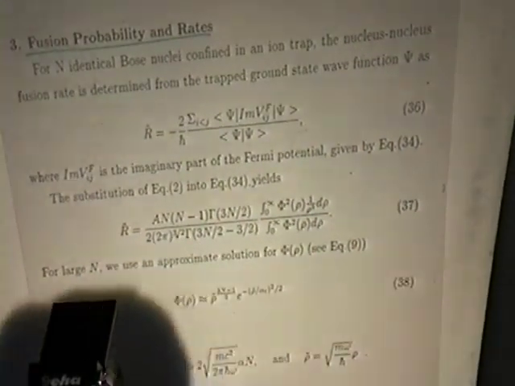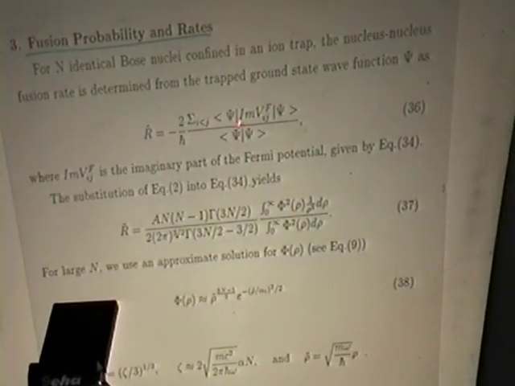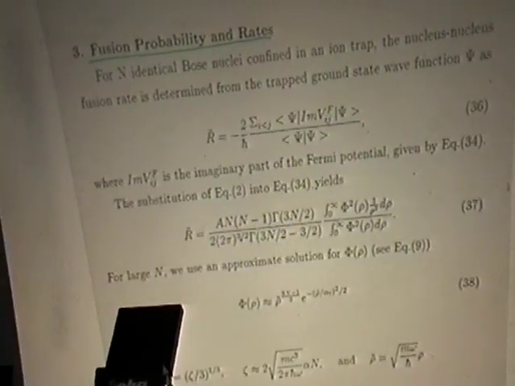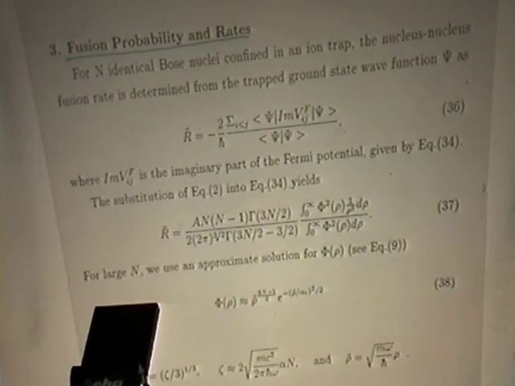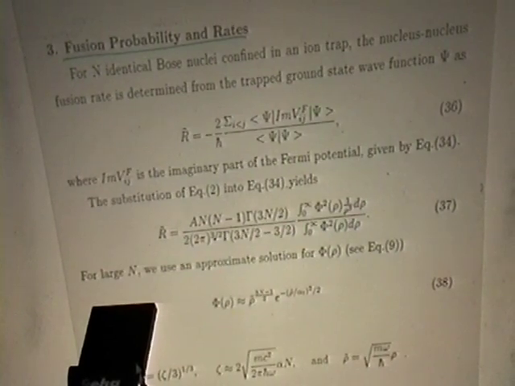Fusion rate can be computed as a transition rate using the transition operator. Remember, this is a pairwise interaction, so I have to do all of the deuterium pairs in the system. And if we use our solution, the approximate wave function, then it will become this form. And this can be computed using our solution.